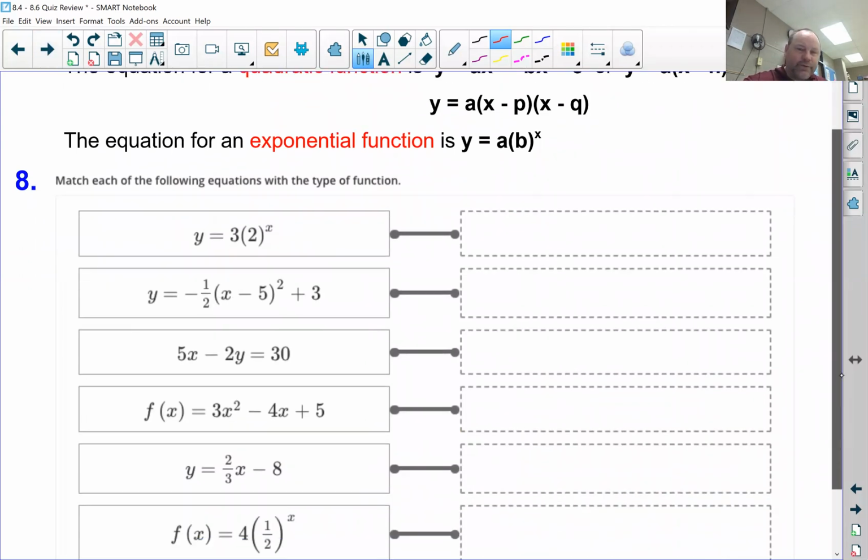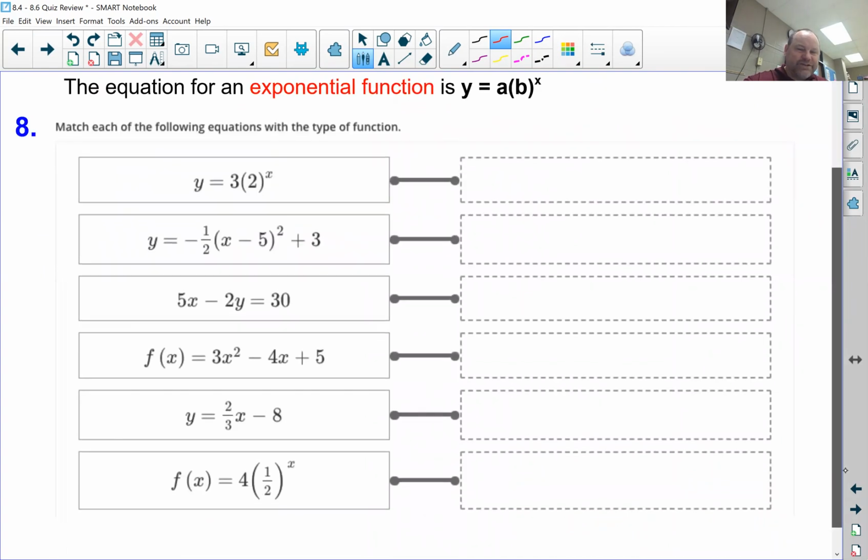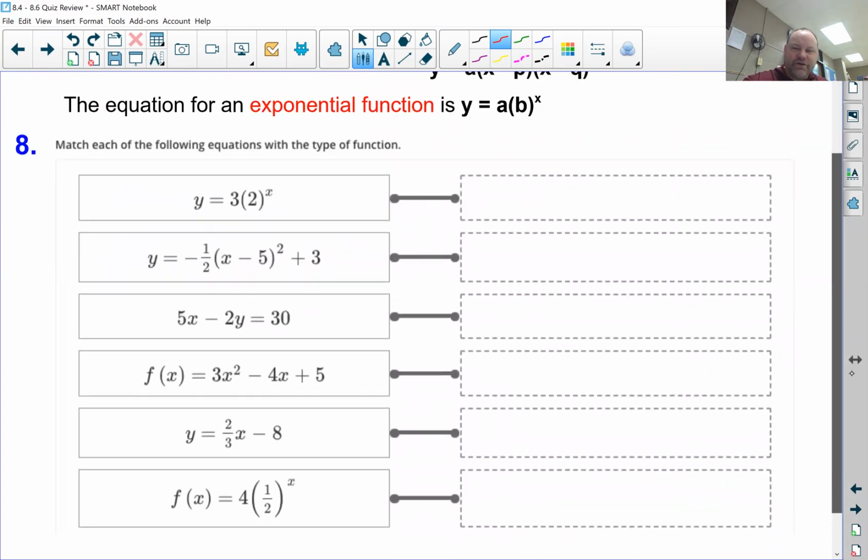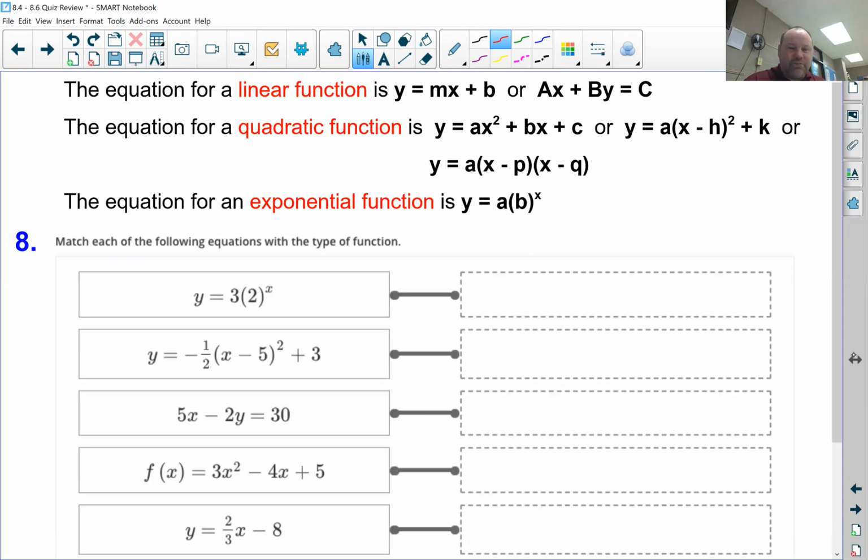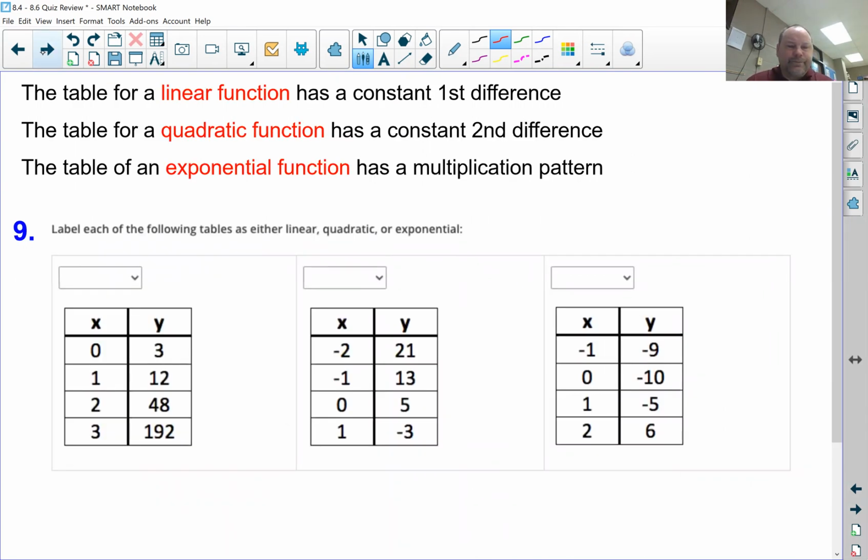Again, there are only 3 choices, but there are 6 functions. So you will have to use some more than once. And then finally, label the table. Is it linear, quadratic, or exponential? And that is the review.